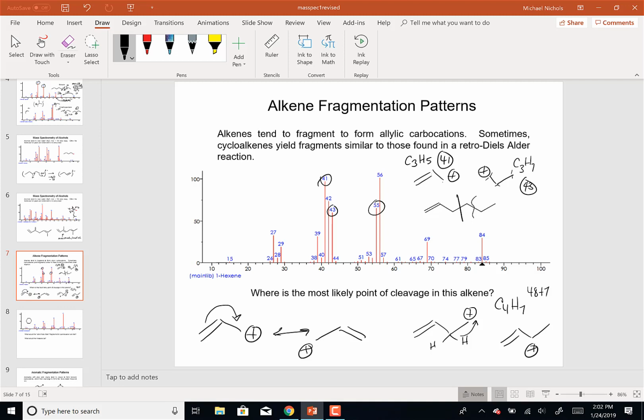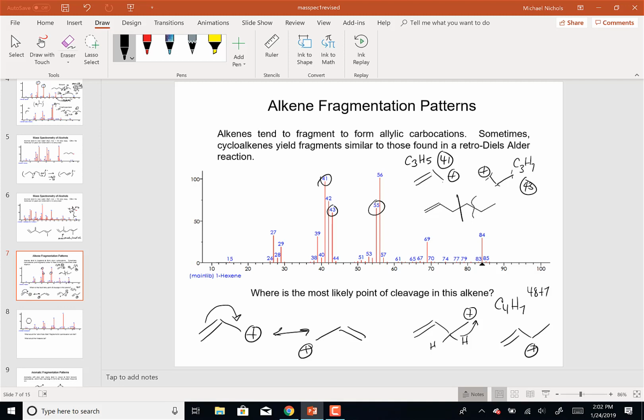So valid hydrogen shift? Yes. I'm in a high energy environment, so it will go. It's just a question of speed. In the mass spectrometer, we're talking about that being probably a femtosecond, with more than enough time for these things. So that would be the 55.